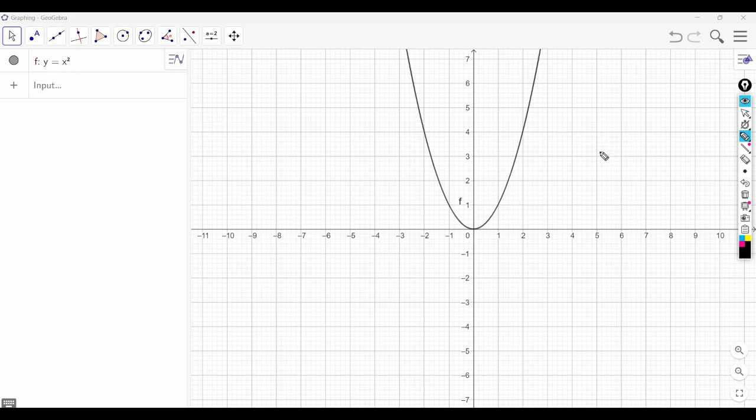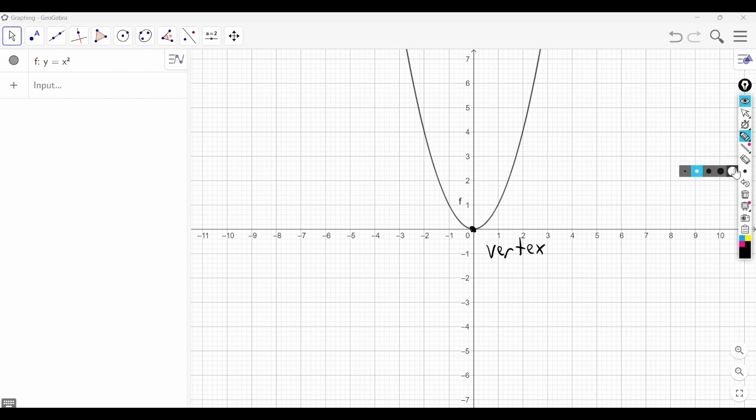Okay, so there's a few things we want to know about a parabola in order to graph them nicely. It's nice to know where this point is right here, and we call that the vertex. We also want to know the axis of symmetry. That's where you could draw a line where the parabola acts like a mirror on either side of that line.